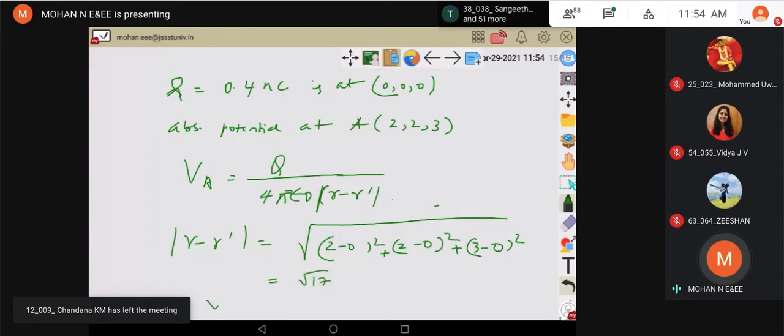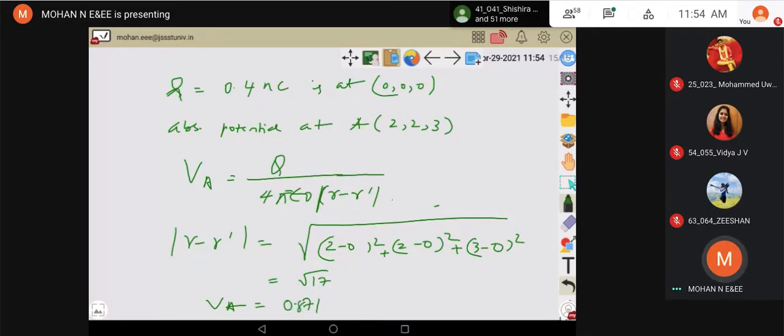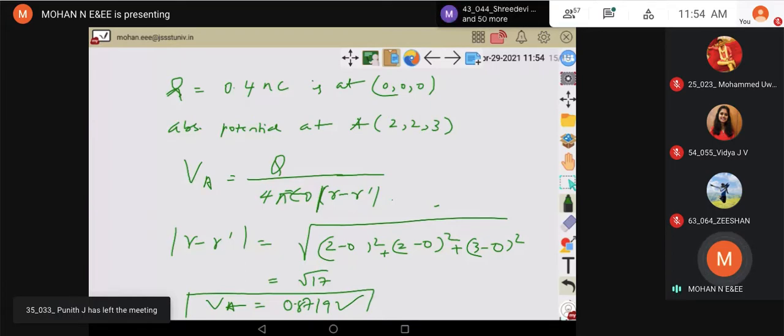And if you substitute the value in VA, that turns out to be about 0.8719 volts. So this is the absolute potential of point A with respect to the reference. Got it? Next. So you just take down this one.